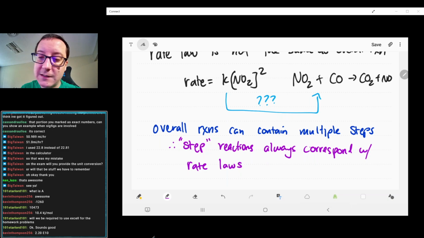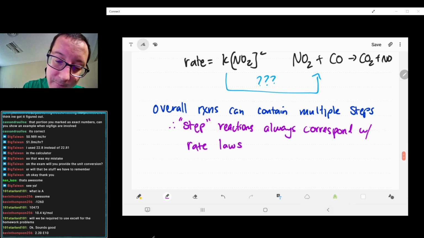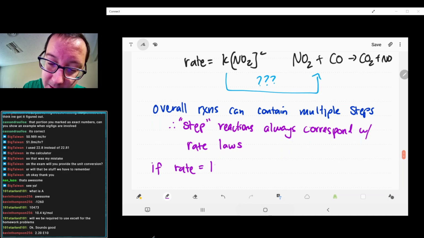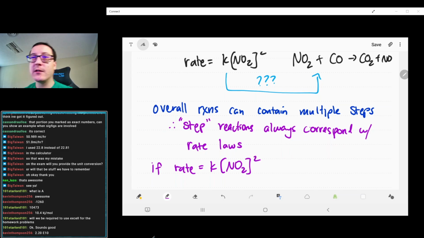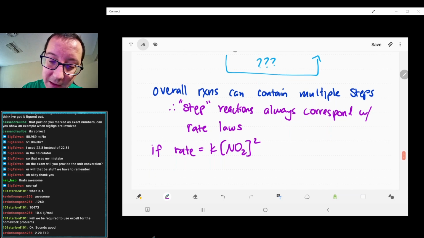So we're going to see here that if rate equals something, then we must have something.